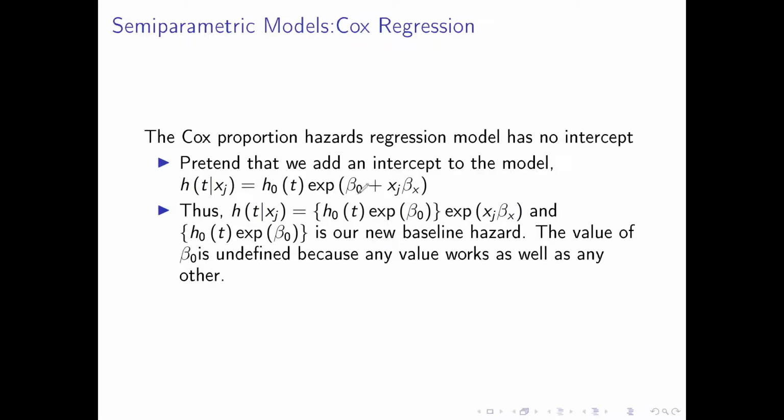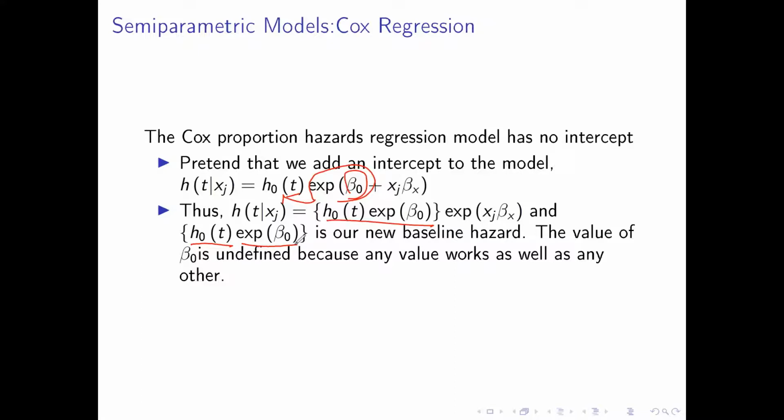So here we have beta 0 plus xj beta x, and we can take out this part and combine it with the baseline hazard. The original baseline hazard h0 of t, multiplied by the exponential function of the intercept beta 0, is our new baseline hazard.